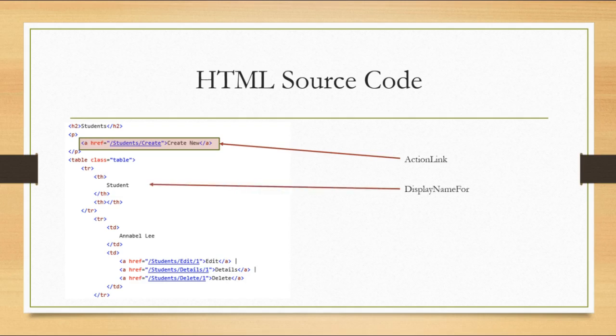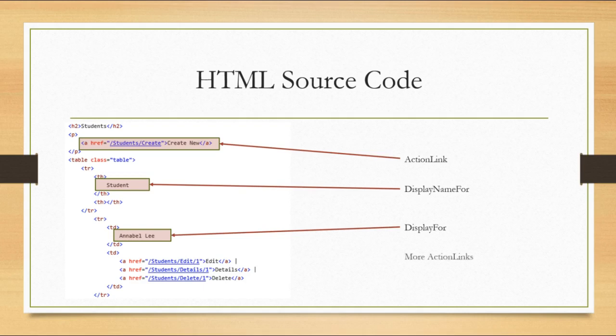In the middle, we have our DisplayNameFor, which shows the header for the full name of the student, which is Student. We have Annabelle Lee here, which is DisplayFor, produces the value of the student name.